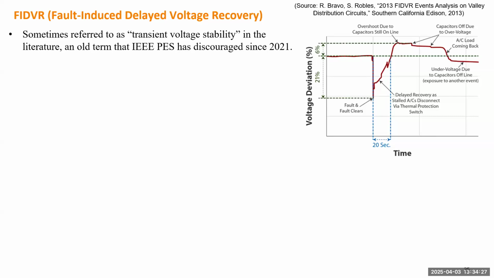What happens is, when the voltage is recovered but the capacitor still stays on the line, it does provide additional VAR to support voltage, but the voltage will stay higher. Then they switch off the capacitor, but then the voltage will drop below the nominal value. If you have a dynamic controller like a synchronous condenser or SVC, that will be able to mitigate this issue. The voltage drop can recover faster, and the voltage will stay around the nominal value.